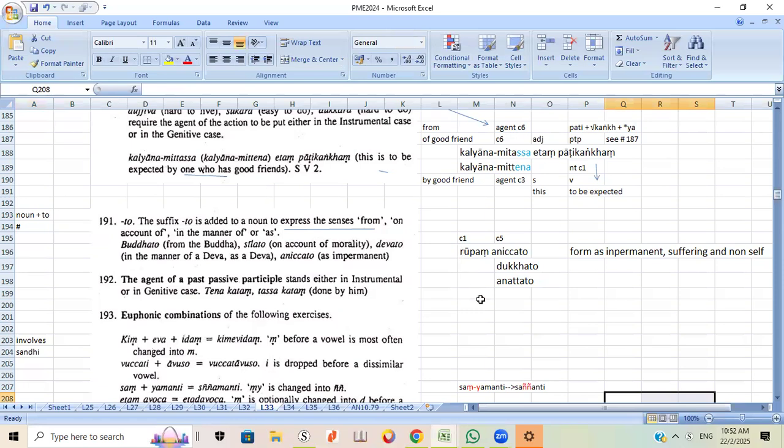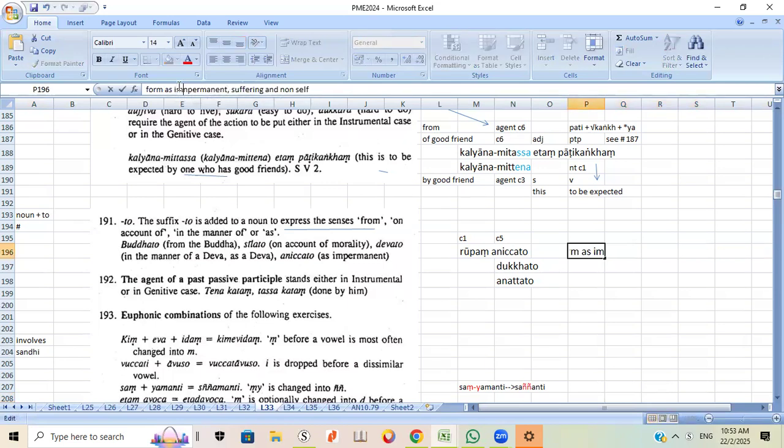Can you see, this is one of the reflections: rupang aniccato, rupang dukkhato, rupang anattato. In this case, you will translate using the word as: form as impermanent, form as suffering, form as non-self.